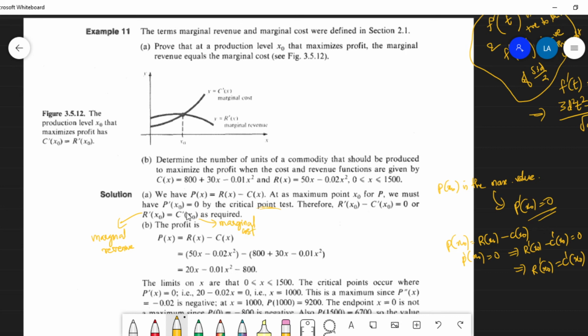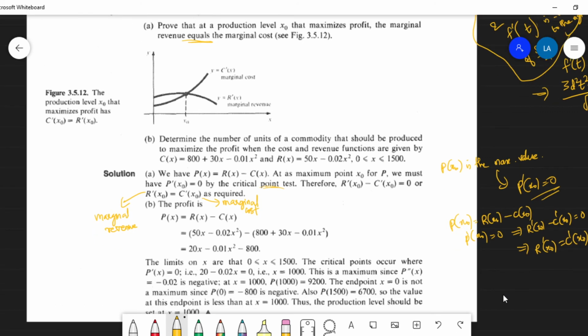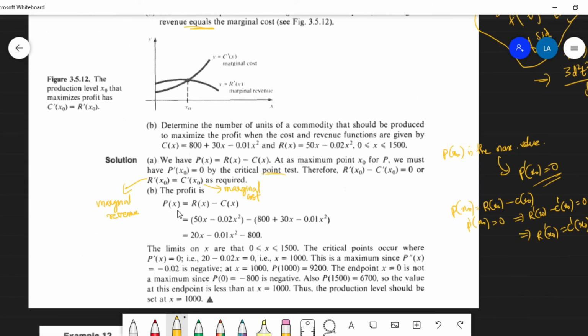And we said we have to show that both of them are equal, and we showed that both of them are equal. As simple as that. And the second part is to determine the number of units of a commodity that should be produced to maximize the profit when the cost and revenue functions are both given. Okay. And we know that the profit function is equal to revenue function minus cost function.